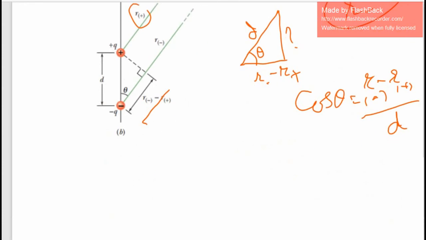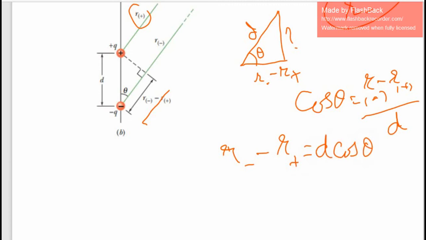So I have the value r minus r plus is equal to d cos of theta.